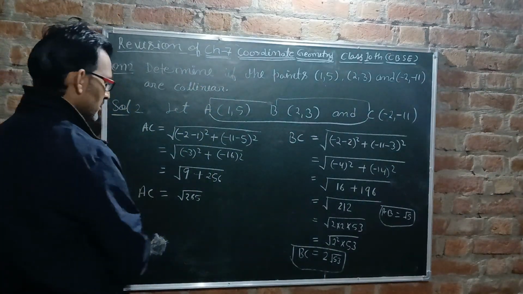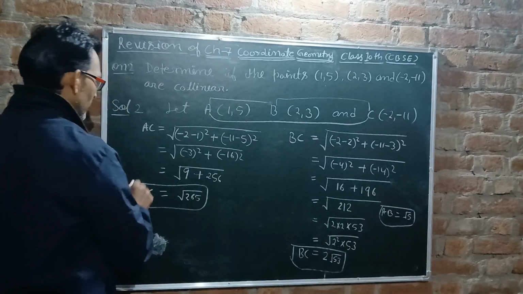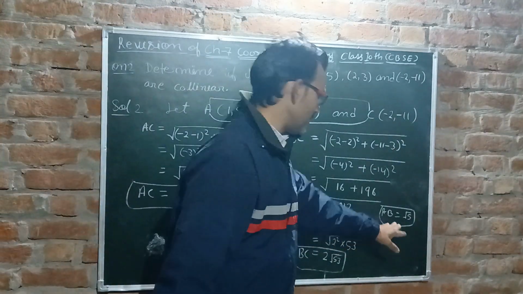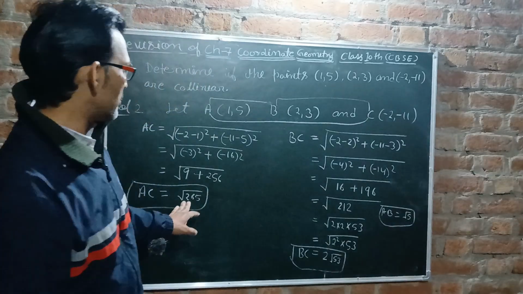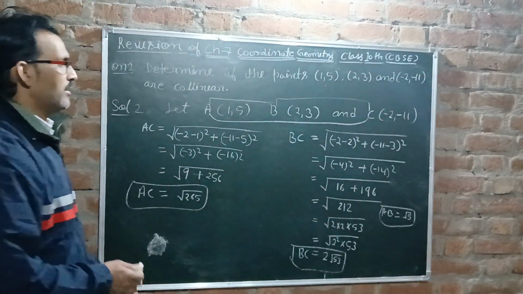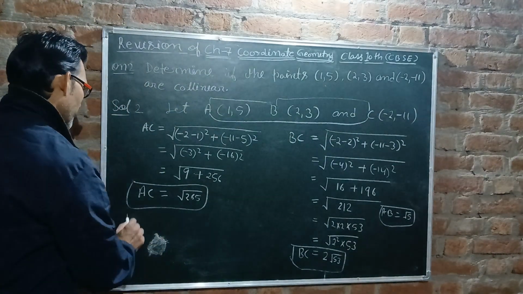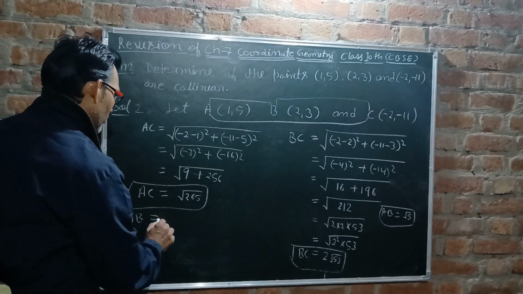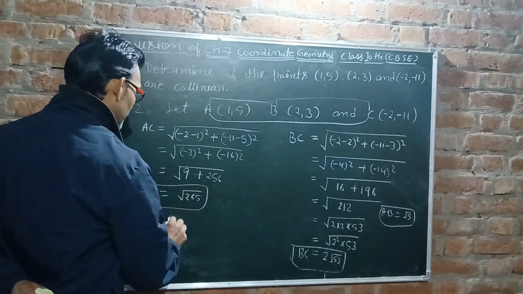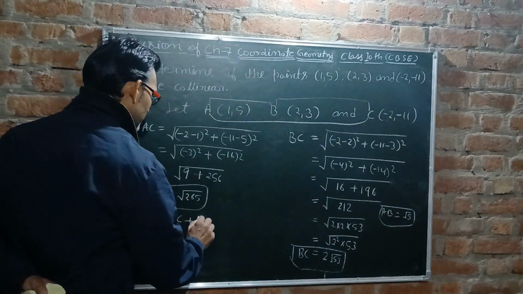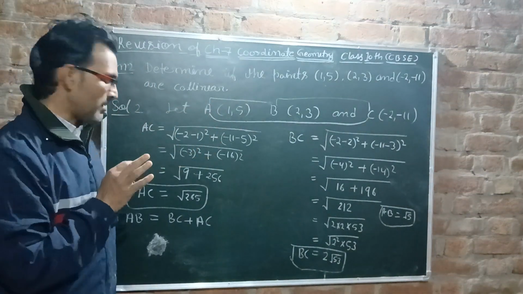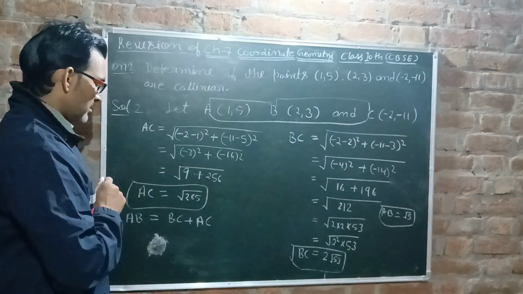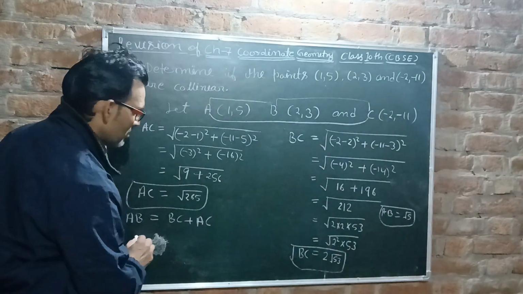AC is 265. These three things we need, that AB equal to root 5, BC equal to 2 root 53, and AC equal to 265. So if AB equal to BC plus AC, then the points will not be collinear. But here AB is what?